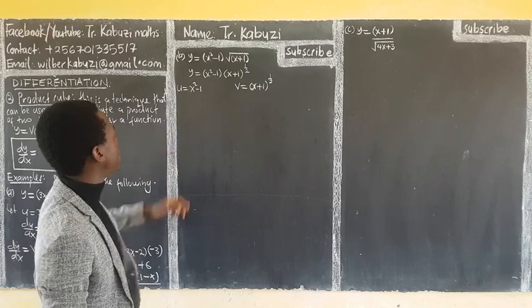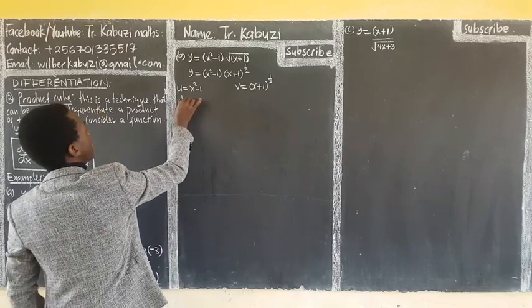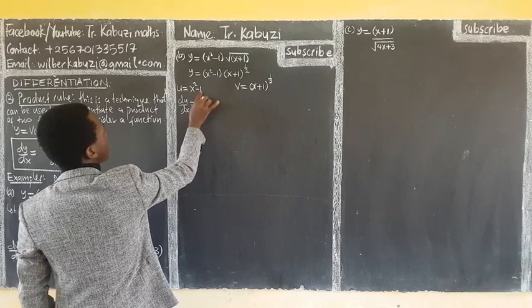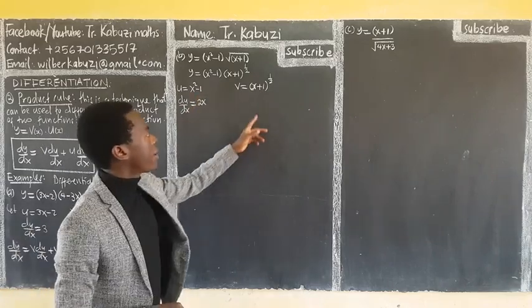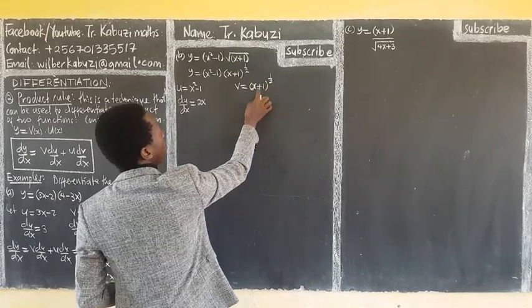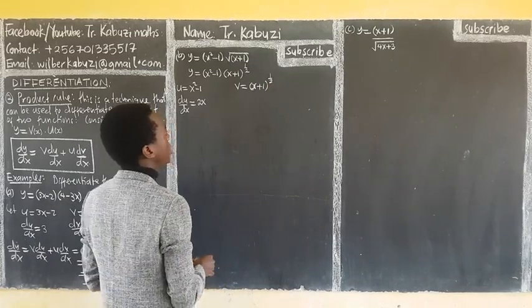So when we differentiate, our du/dx will be 2x, because this one is going to be 0. Now here we are going to apply the idea of the chain rule. How do we differentiate this? Because we have a function and a power.